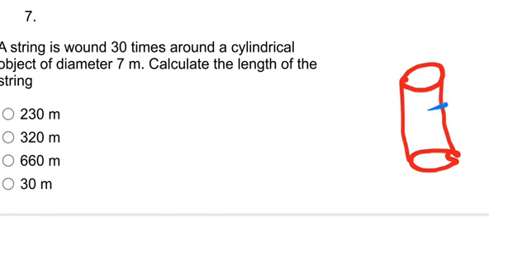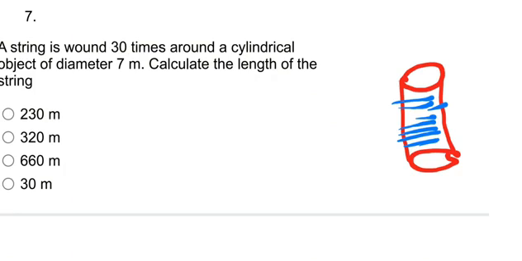You use it to roll it the first time, second time, third time, until it is what? 30 times. Which means we need to know the circumference of the circular base of the cylinder. Once you know that, each circumference forms one time that the string is wound around the cylinder.